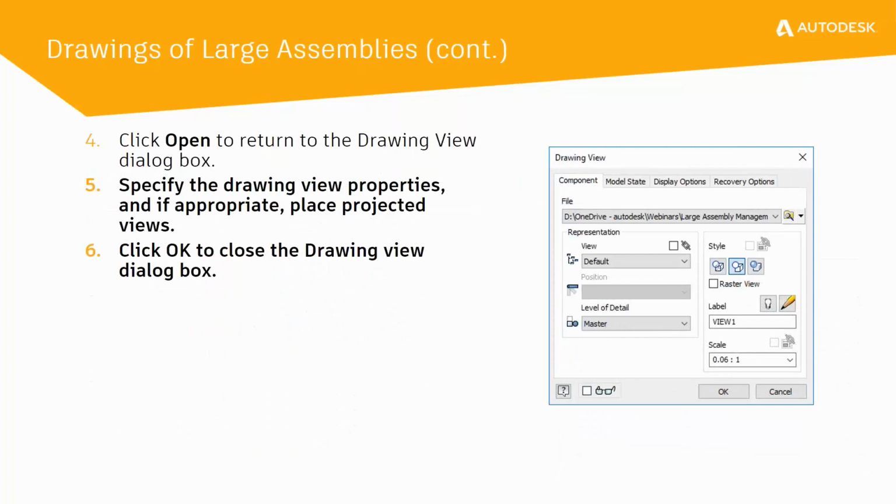If you click Open, this will return you to the Drawing View dialog box where you can specify the properties and place that projected view, and then hit OK to close the drawing view. In essence, this will help when placing drawing views of large assemblies by not having an assembly loaded in the background, using a much faster, much more efficient process of placing those drawing views.